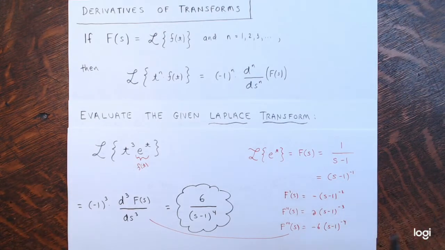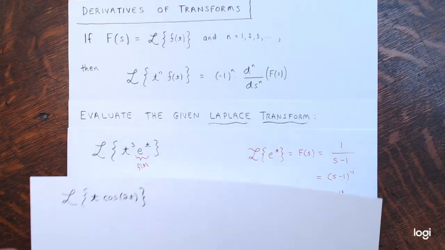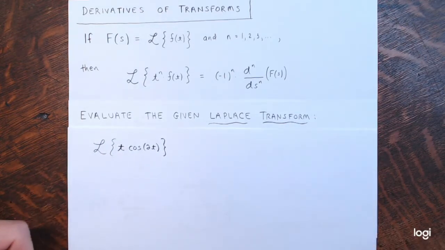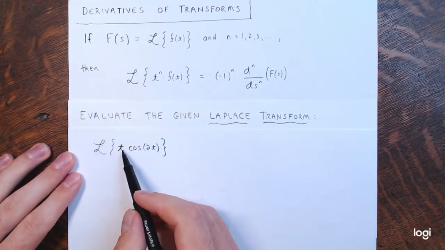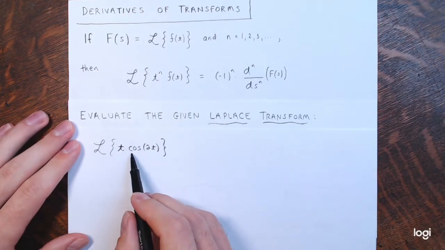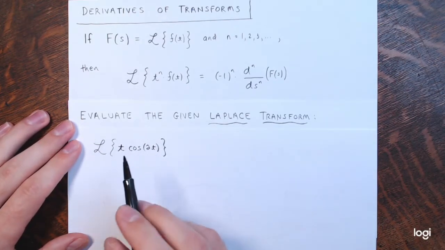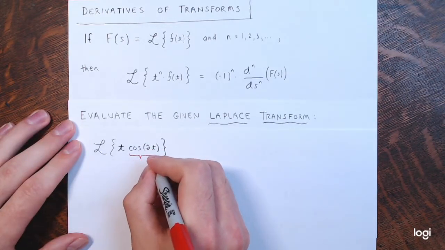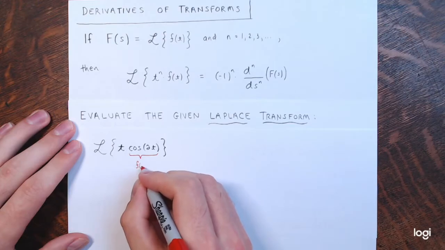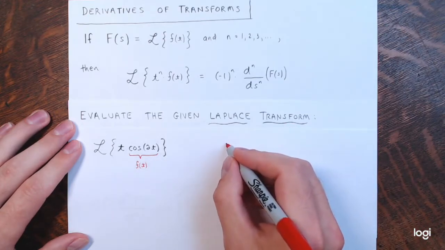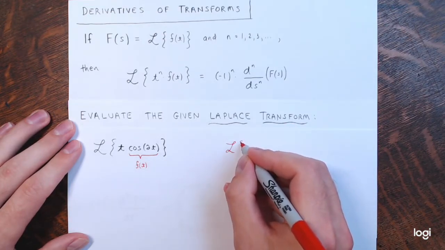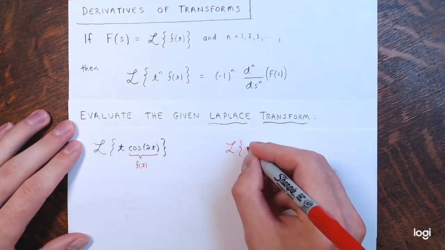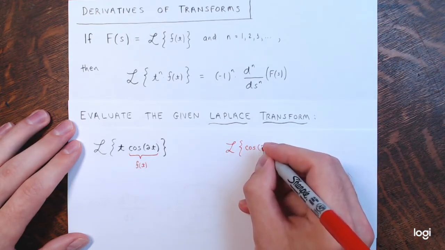Okay, next example. Same instructions. So again, I have a power of t to the first multiplied by the cosine of 2t. So just as before, this cosine of 2t is the little f of t, and then off to the side, let's do the Laplace transform of little f, this cosine of 2t.